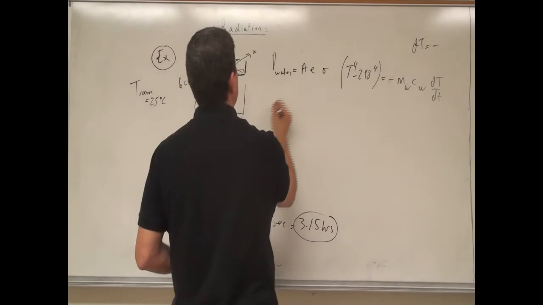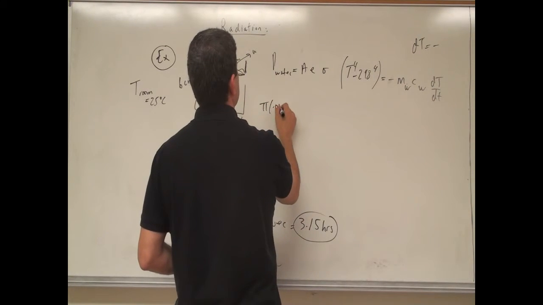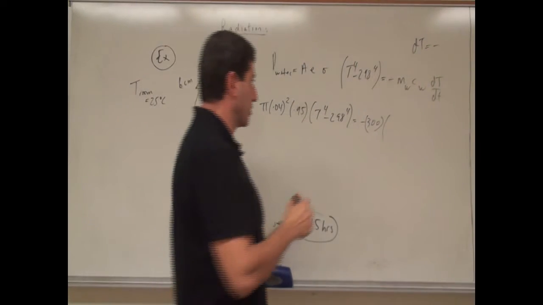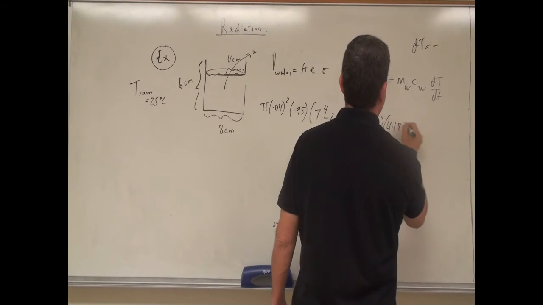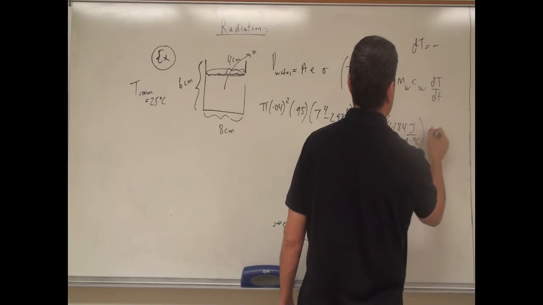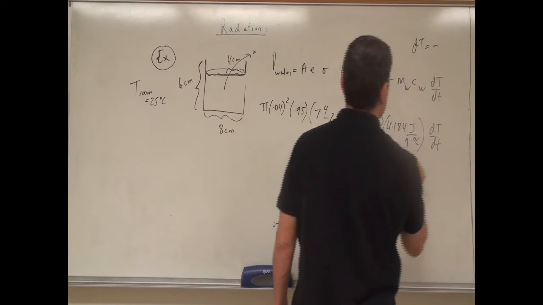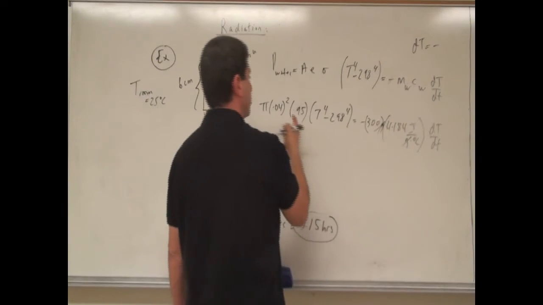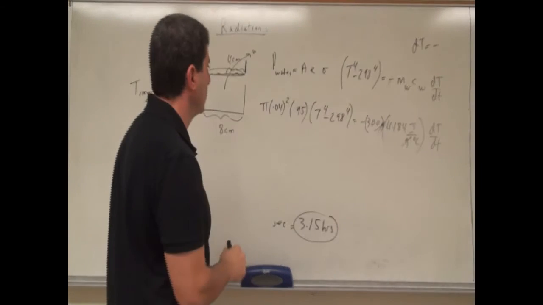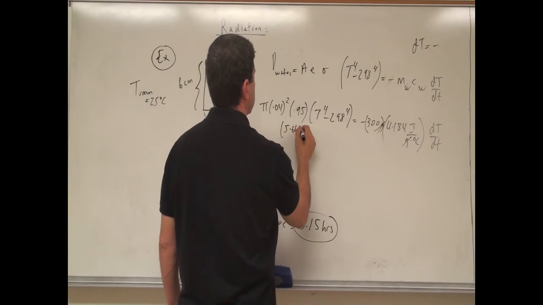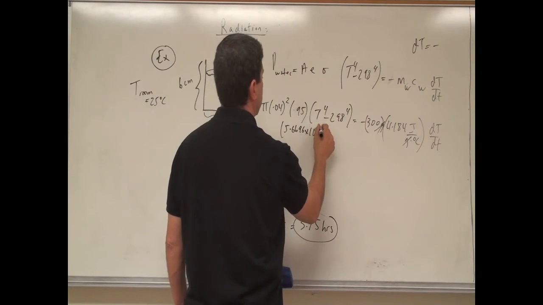The area of the water is pi times its radius squared, and the specific heat of water is 4.184 joules per gram Celsius, dT over dt, right? Again, the gram will cancel the gram, and this side has to be joules so that it works out, right? And then we need the sigma here also, 5.6696 times 10 to the negative 8 power.